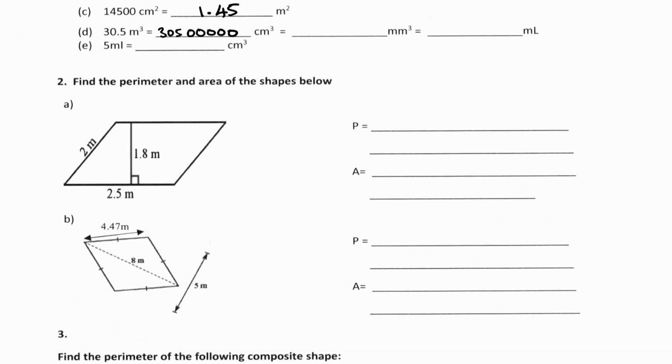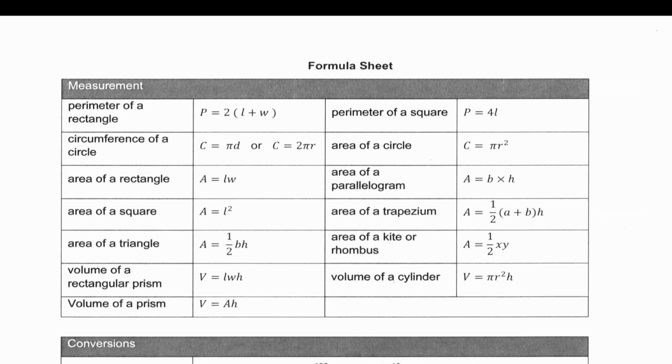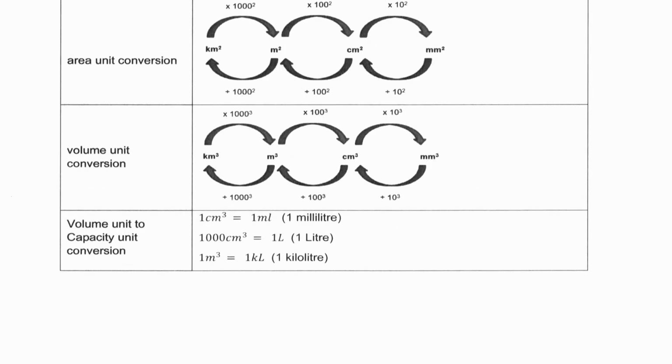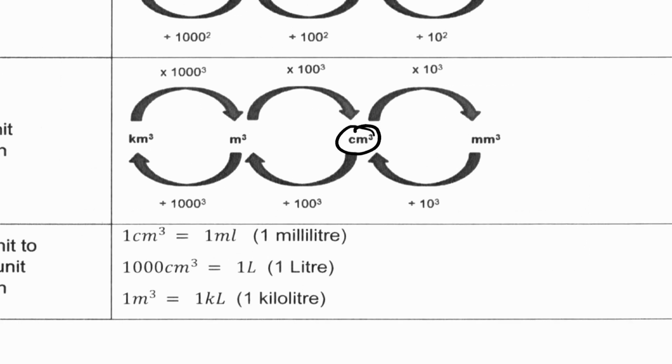So we have a look at that conversion chart. Where did it go? Here it is, from centimeters cubed into millimeters cubed, I meant to say. We multiply by 10 cubed.